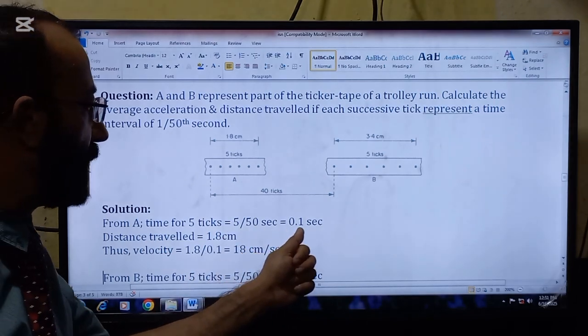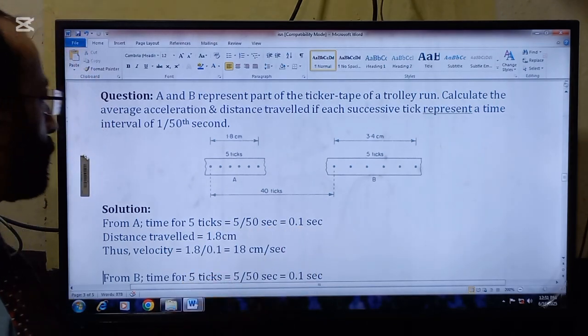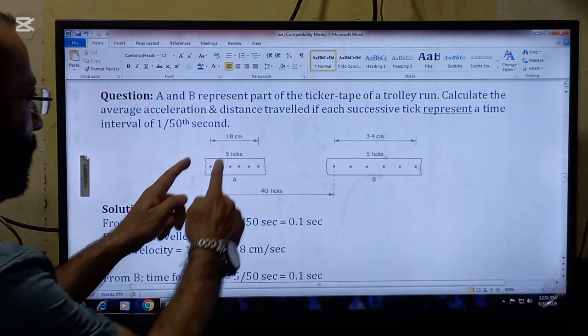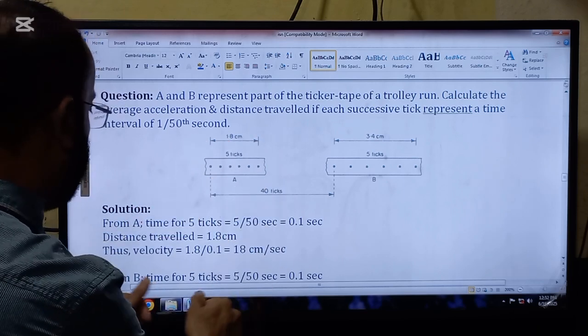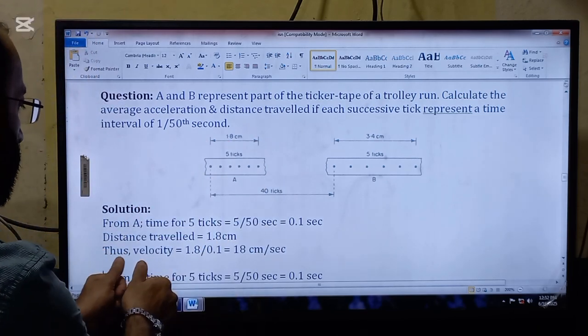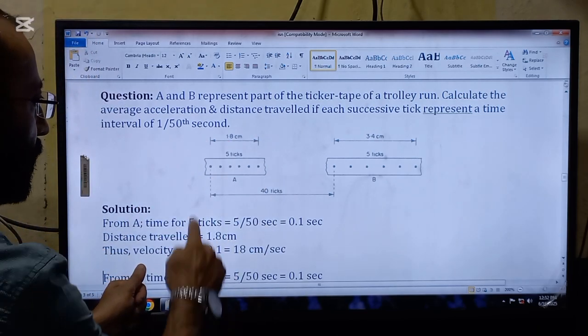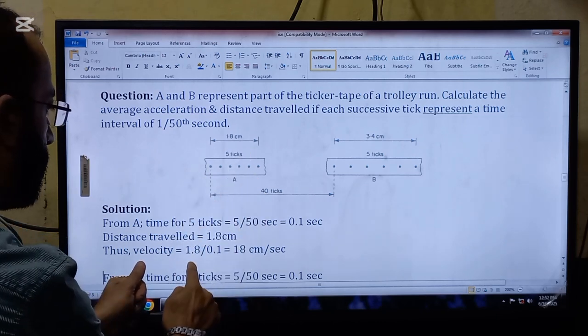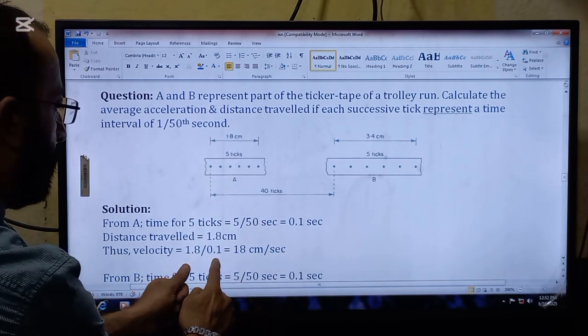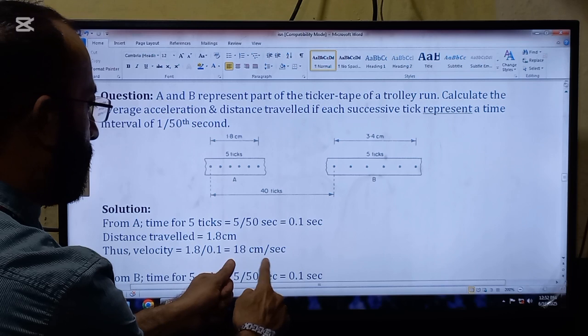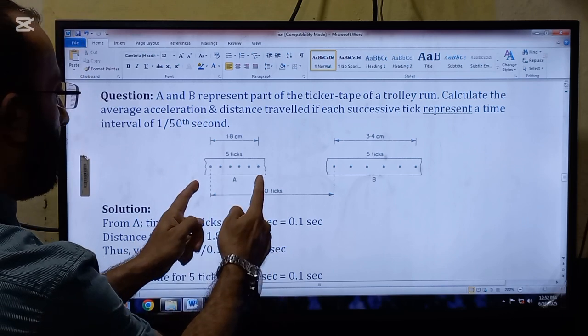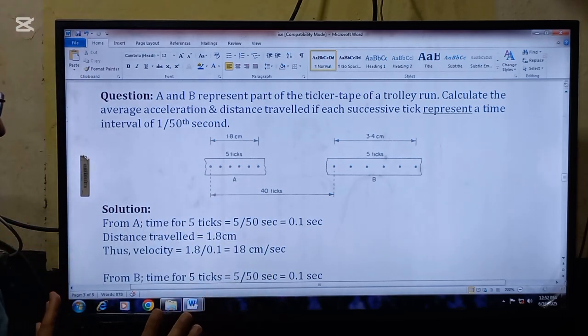Solve it on the calculator. This is the time. So look now. Distance given is 1.8. Velocity will be total distance over total time. So total distance is 1.8, time is 0.1. So solve it on the calculator. This is the velocity for the A portion.